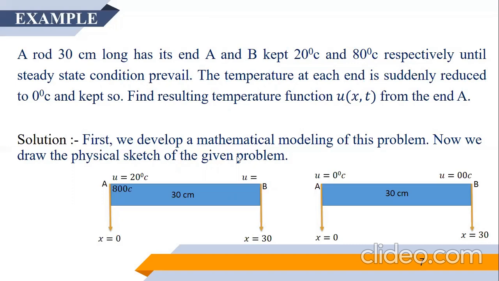The temperature at each end is suddenly reduced to 0 degrees Celsius. Find the resulting temperature function u(x,t) from the end.